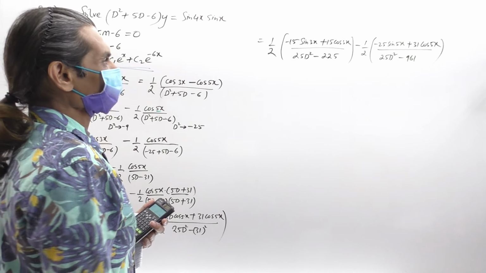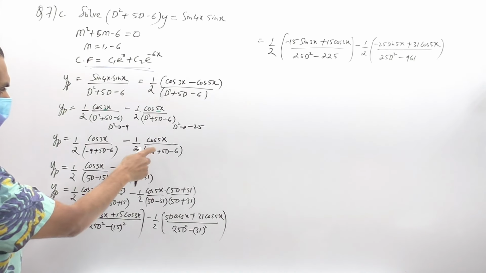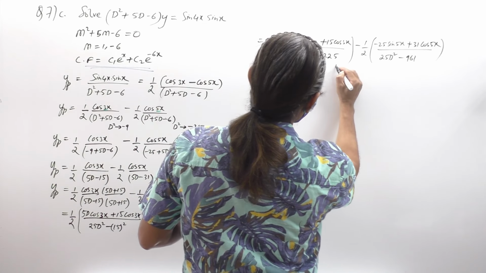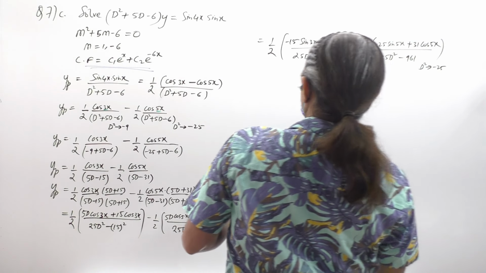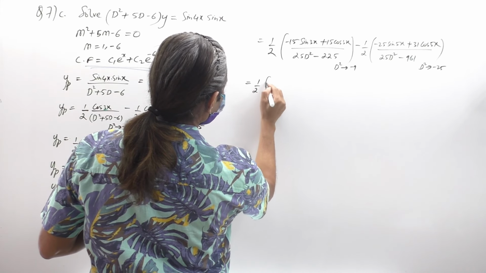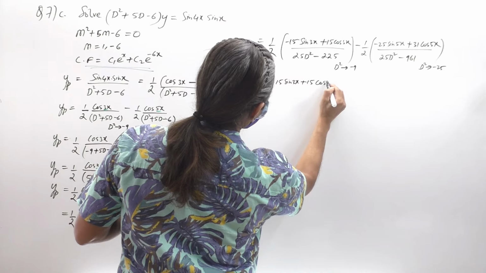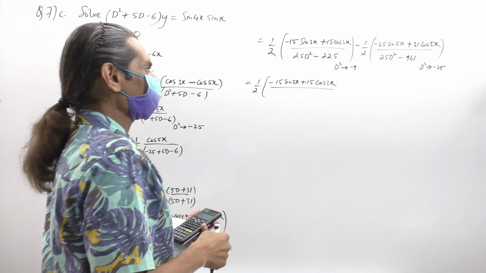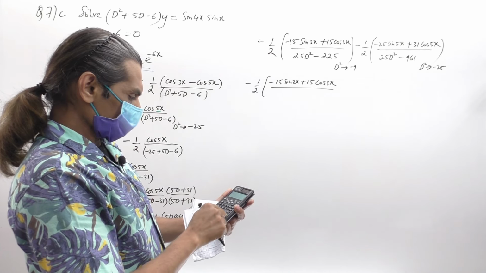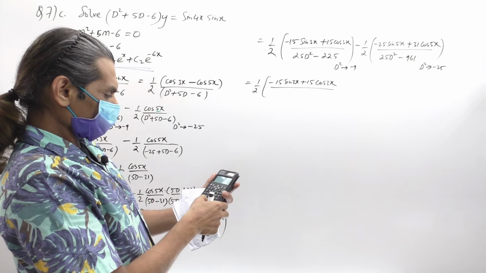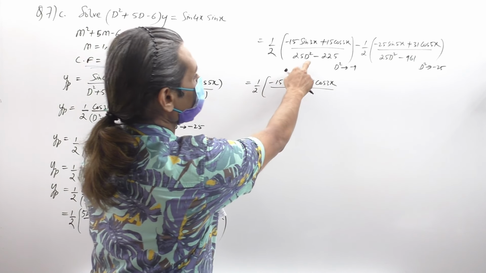Okay, done. Now again for this, we replace d square by minus 9 and minus 25. So replace d square by minus 9 and here d square by minus 25. So we'll get a solution here now, that is equal to 1 by 2 minus 15 sin 3x plus 15 cos 3x whole divided by, so I will do it in calculator only. Okay, 25 into, so 25 d square is minus 9, right?